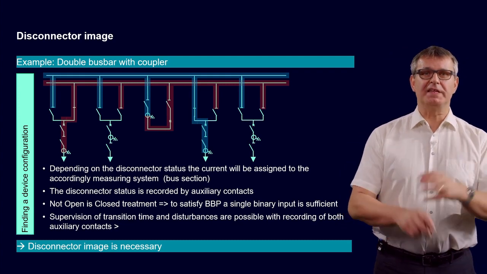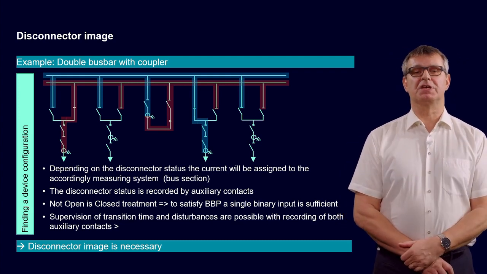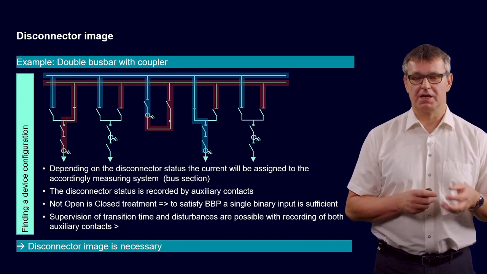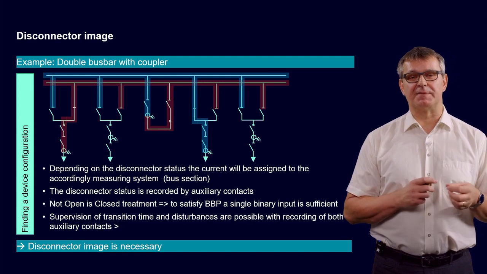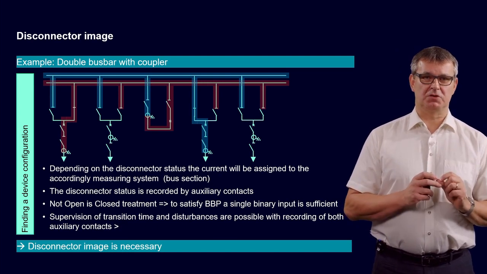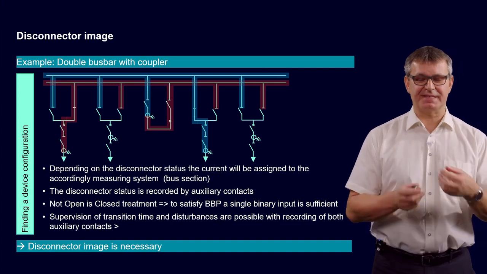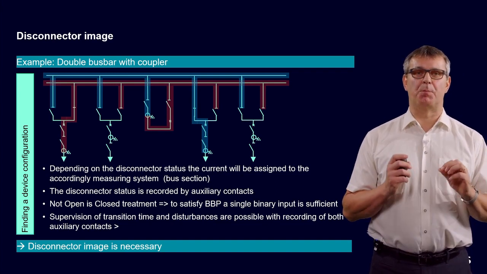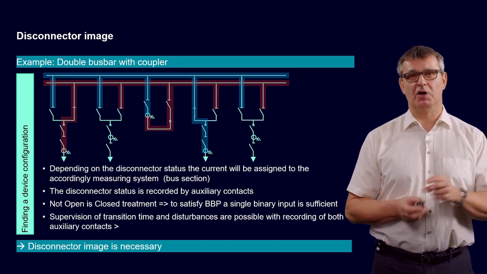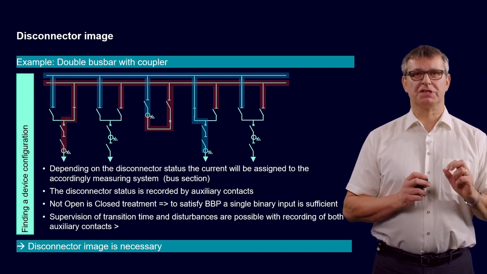Of course, only in the case we have 2 binary inputs, we can really make a supervision of the transition time, and we can also detect if we have a runtime error or anything else. But for our example here, just to make some exercise and to show it's possible in principle, we will use only one binary input for the disconnector position.